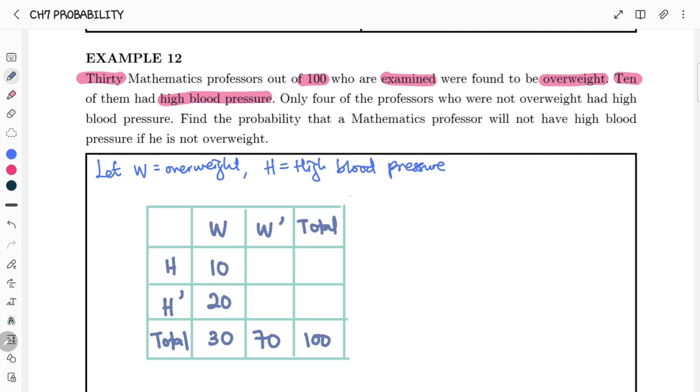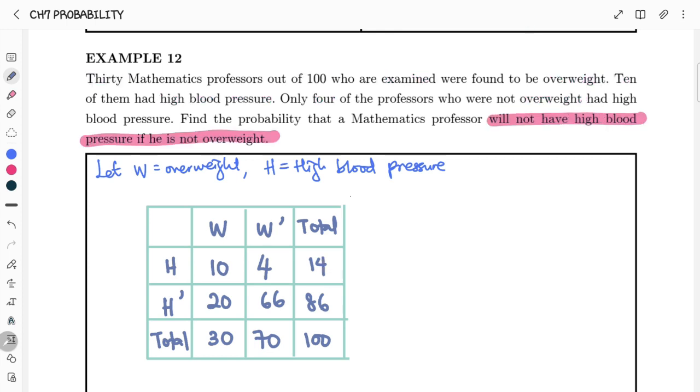And then 4 professors who were not overweight had high blood pressure, so here. The rest you can fill in the table. So this is 66. So the total for not having high blood pressure is 86, and this one will be 14.